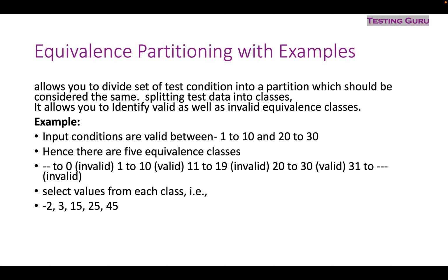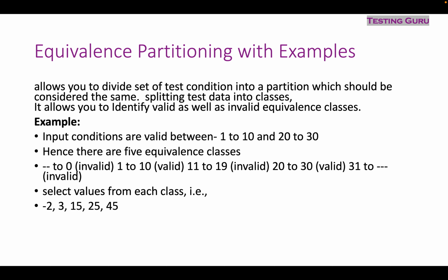The next valid condition is 20 to 30, and also we have to check after 30, that is 31 and up to any number, which comes under invalid cases. So we have to select values from these 5 equivalence classes.